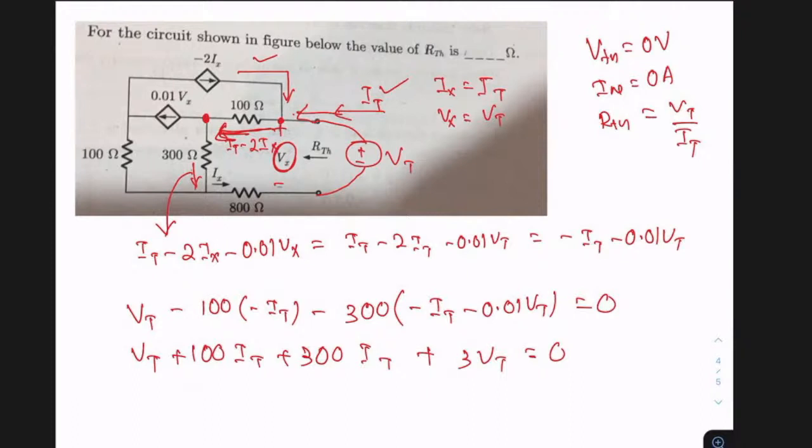Now, if I club the terms, 4 VT plus 400 IT equals 0.